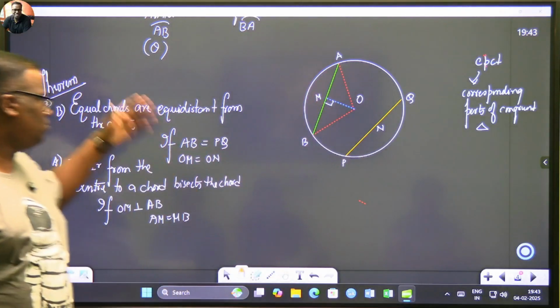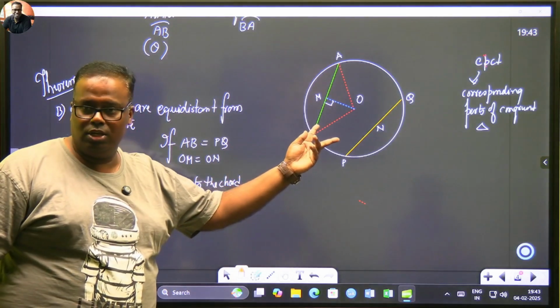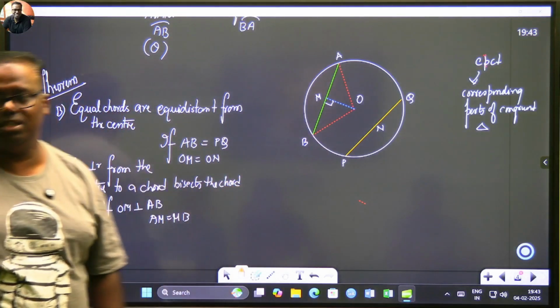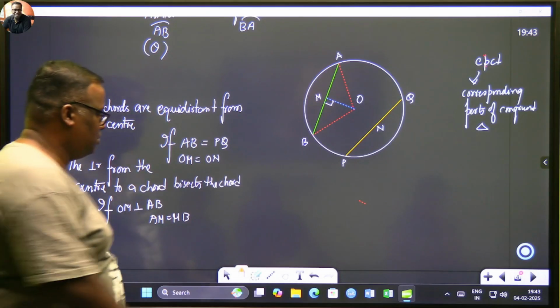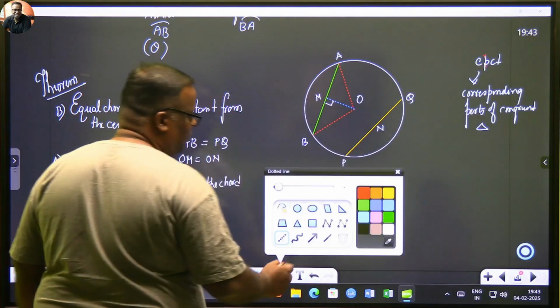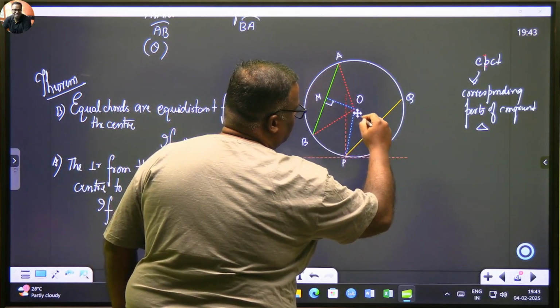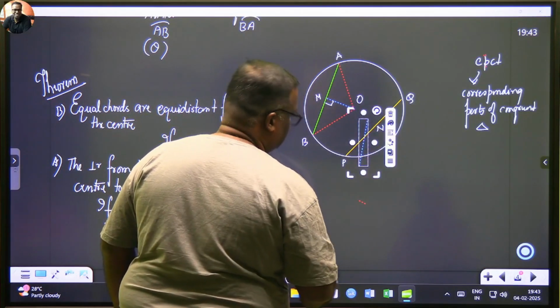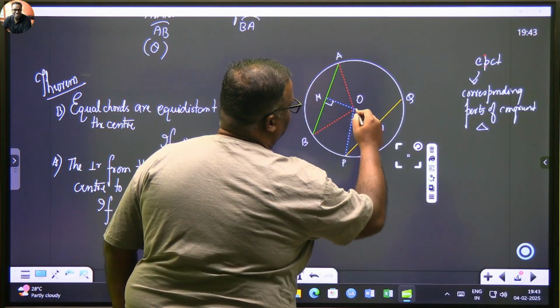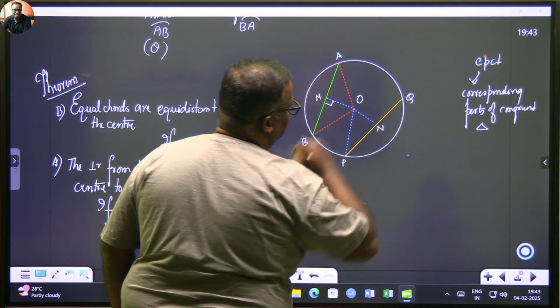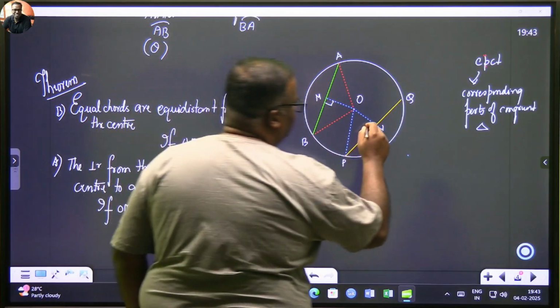Now we go to the next one. It says if two chords are equal, then they are equidistant from the center. So how do we prove that? Again, very simple. Just join these two now. So what criteria do we have?